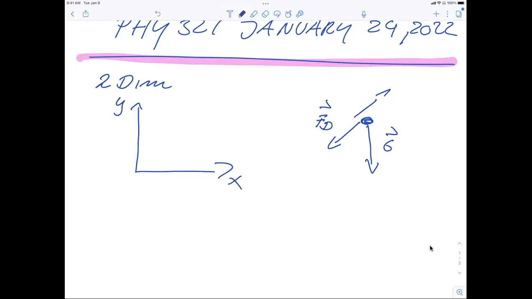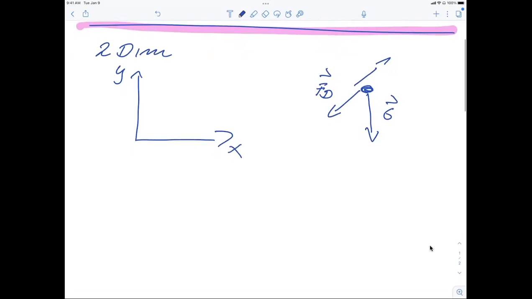Let's now assume that the system has a velocity vector, and this is going to be given by v_x times i plus v_y times j. So i and j are the unit vectors, and we know that if we choose a Cartesian system, these 2 are orthogonal to each other. That means that i times j is equal to 0, and these are unit vectors.